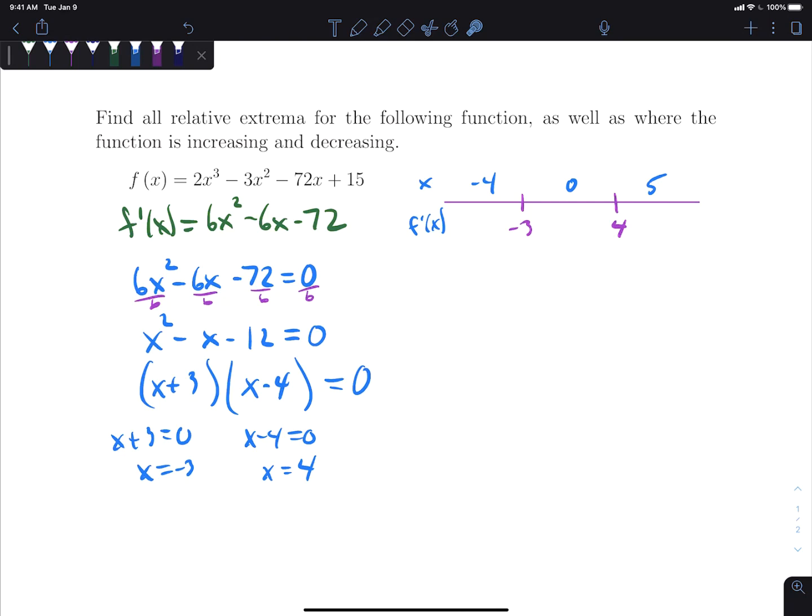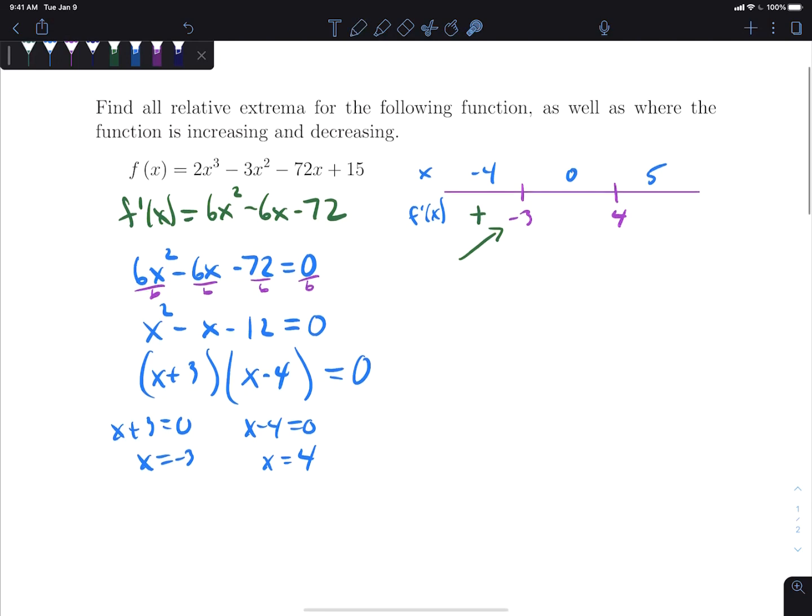Well, 4 squared is 16. 16 times 6 is 96. And then negative 6 times negative 4 is positive 24. So 96 plus 24 is 120. 120 minus 72 is positive. So it is positive in this region, which means it's going up from left to right there.